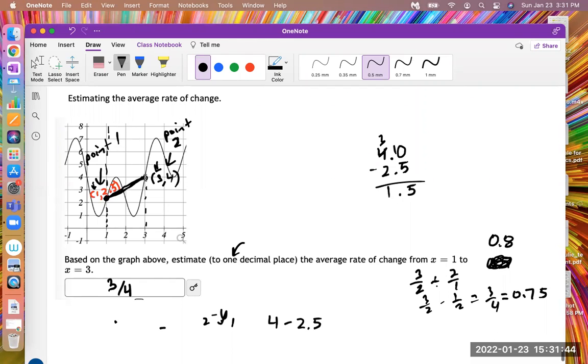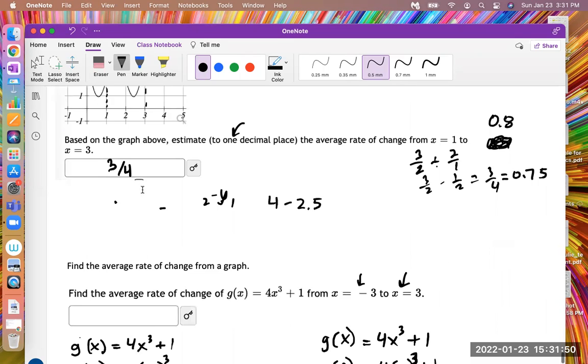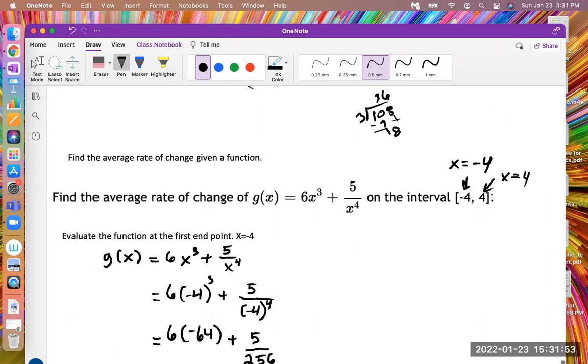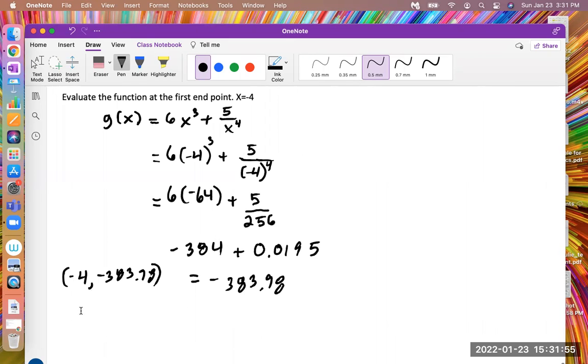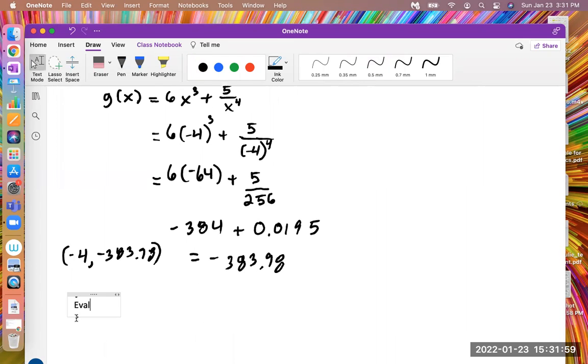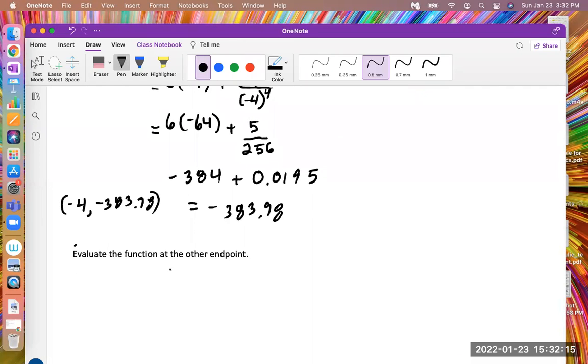We're going to do that by plugging in the other end of the interval, which is +4. And here's a big thing.